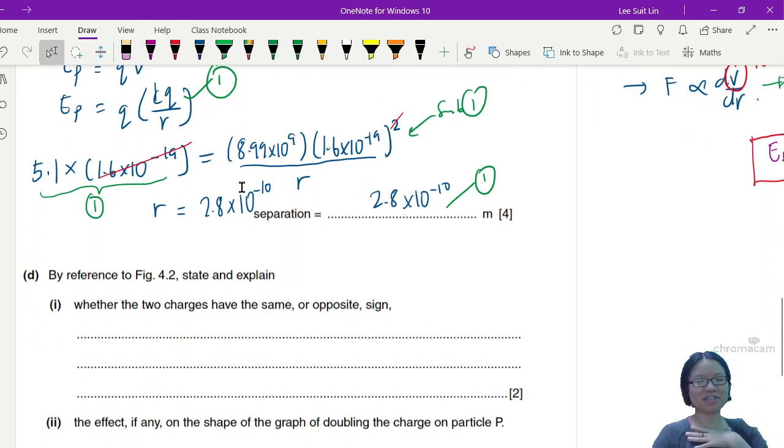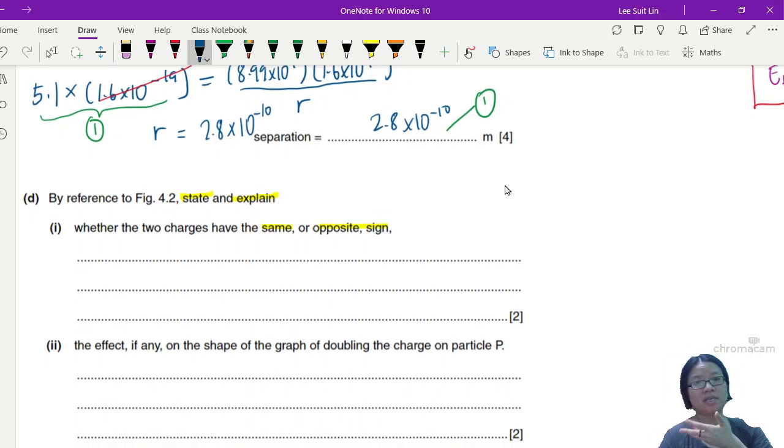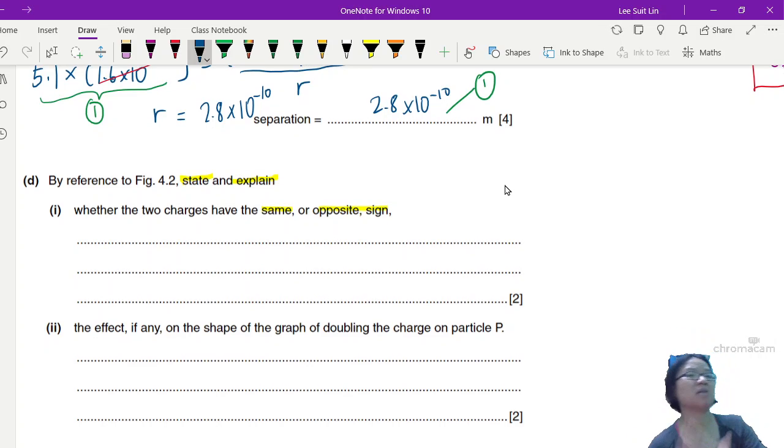Alright. So by reference to the graph, state and explain. So you need to give a statement and provide an explanation whether the charges have the same or opposite sign. So hopefully you've watched enough examples and understand that if, let's say, they are attractive, which I spent some time explaining why they are attractive, the two charges will have opposite signs.